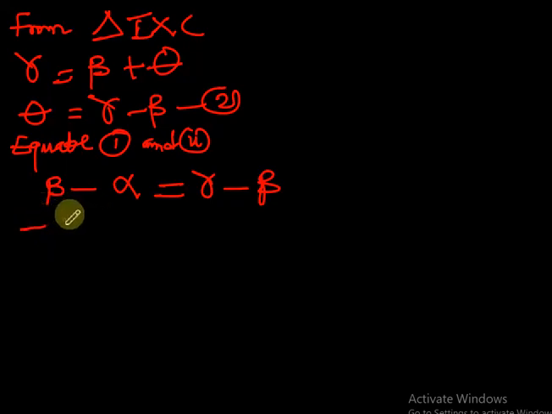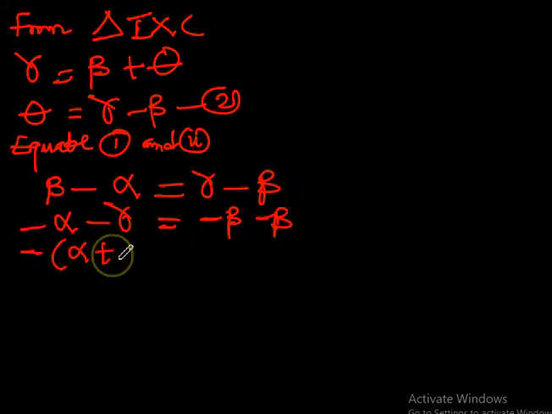So you have minus gamma, alpha minus gamma equals minus beta, again minus beta. Here you can factorize out the negative: you have minus gamma plus alpha, because negative times positive gives negative, equals minus beta plus beta. Again factorize this out.